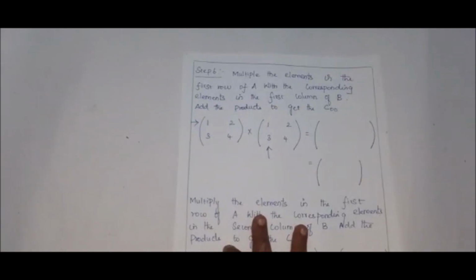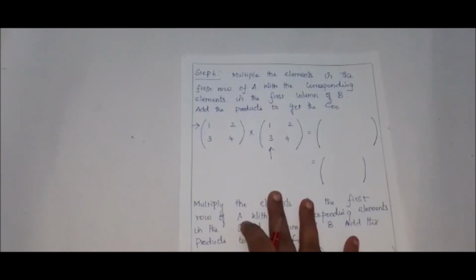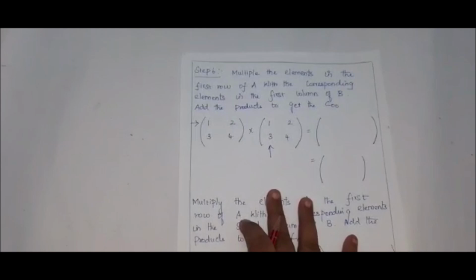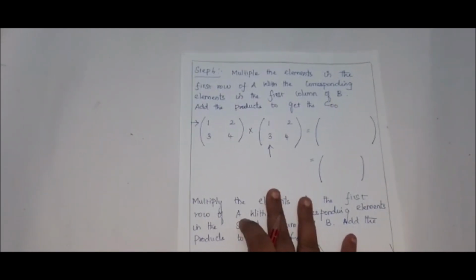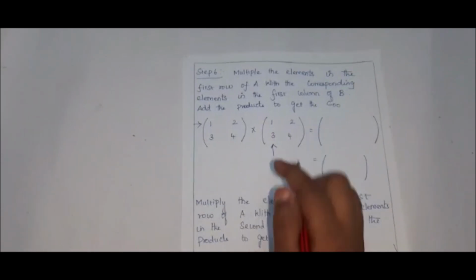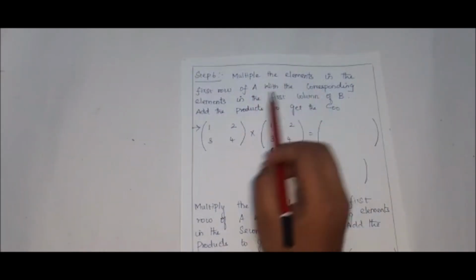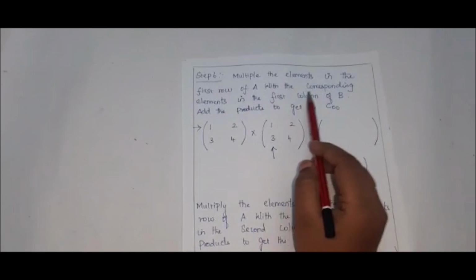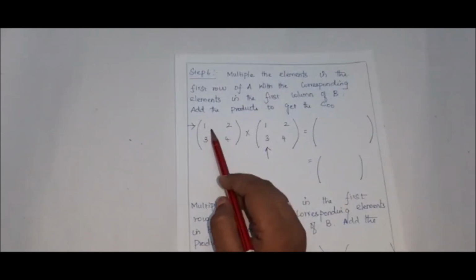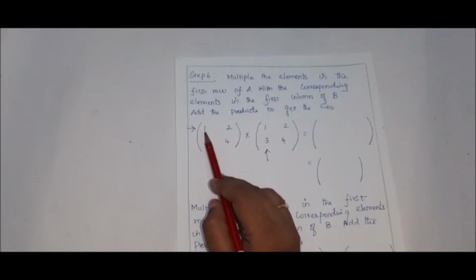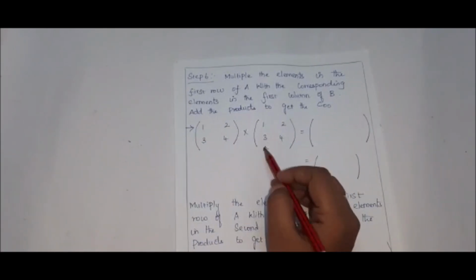In step 6, we need to multiply each row of the first matrix with each column in the second matrix. Multiply the elements in the first row of A with the corresponding elements in the first column of B. Here I am going to multiply the first row with the first column.